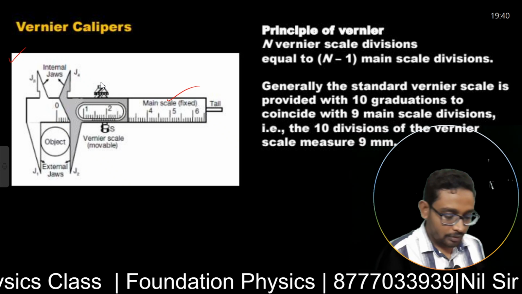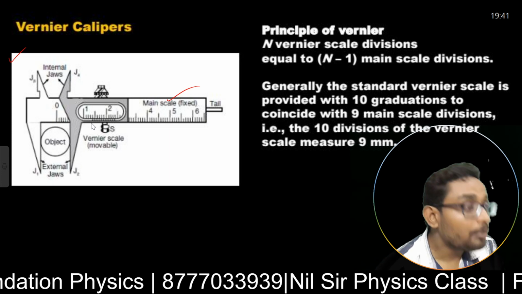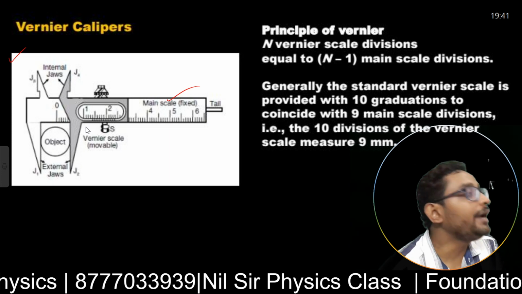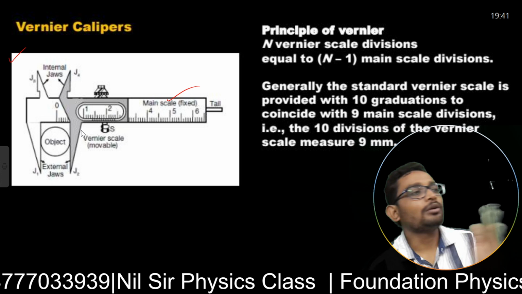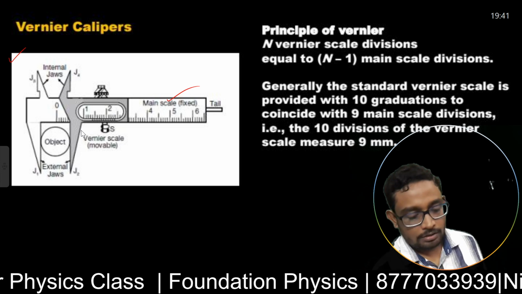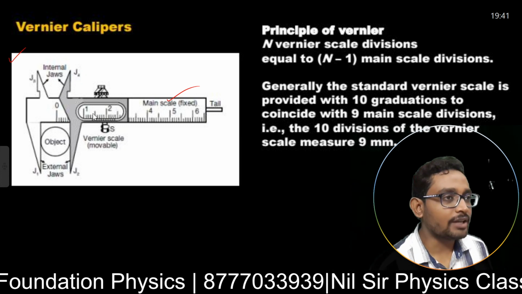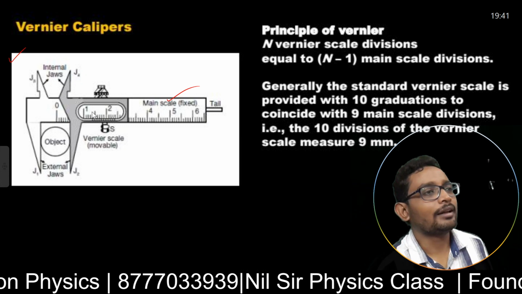First of all, we will see where the vernier meets the main scale, where it coincides with the main scale, or is just slightly right of the main.